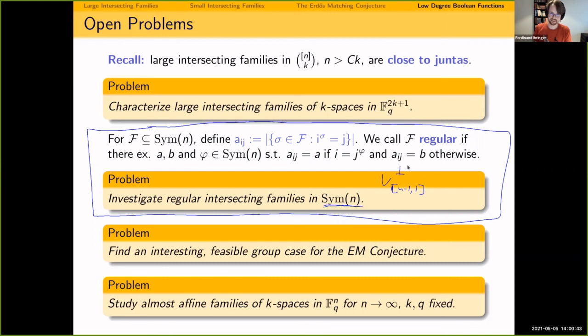So you have to define it in some way that you can still find examples.